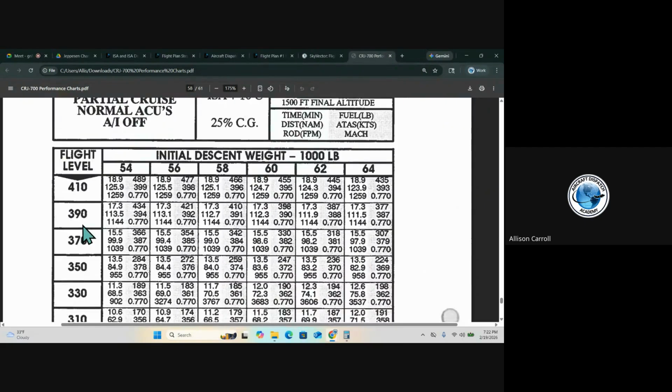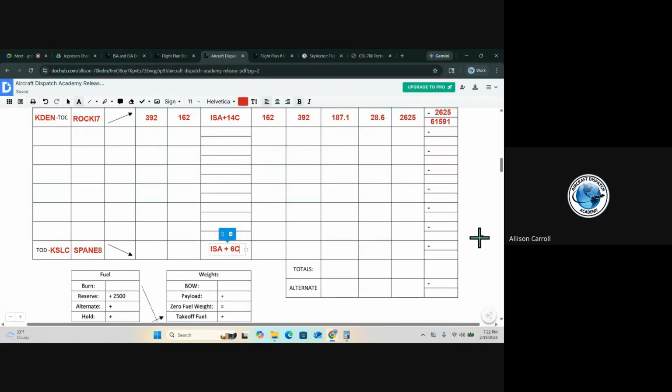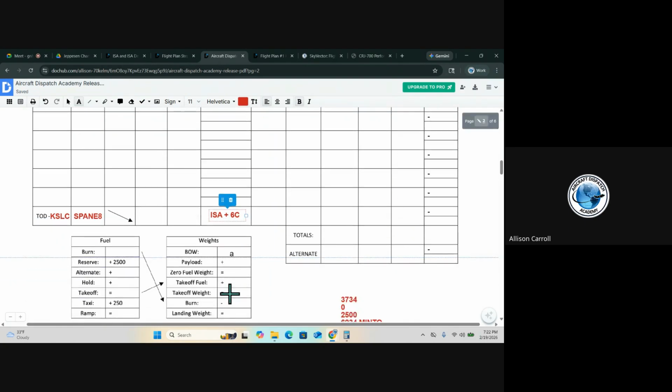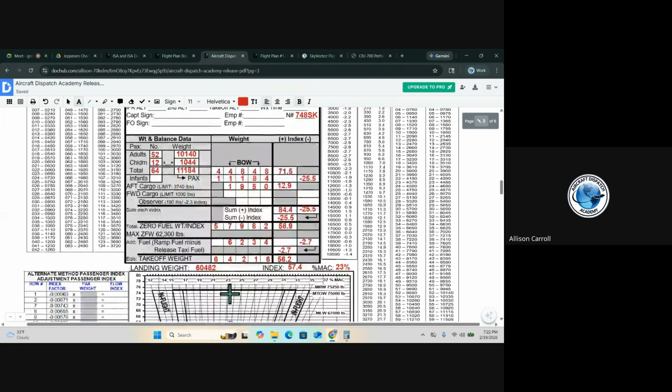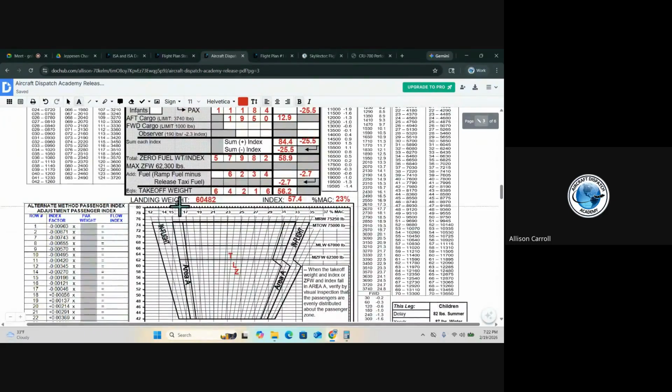We're at top of descent, which is 38,000 feet still, right? We haven't started to descend yet, but we don't have a weight. We haven't figured out our weight at top of descent. To do that, keep it simple. I'm all about keeping it simple. Remember this estimated landing weight that we figured out?